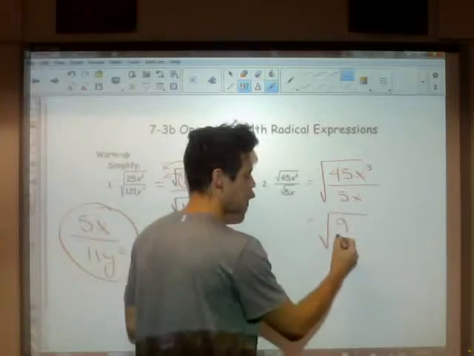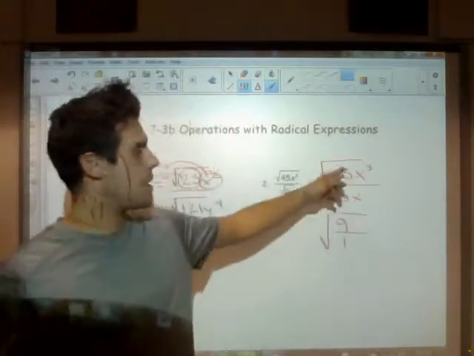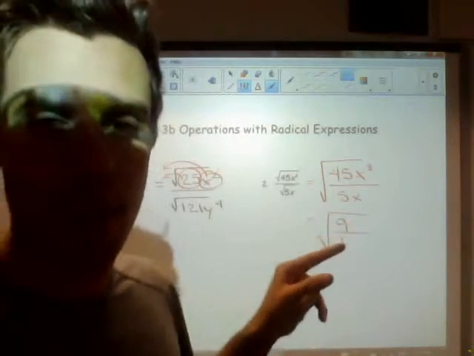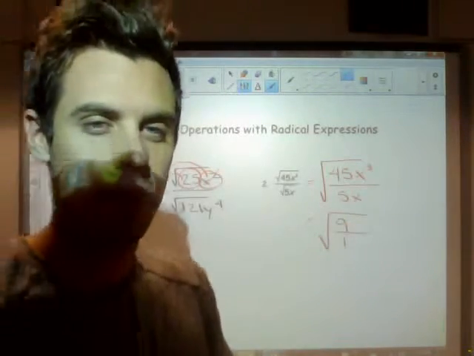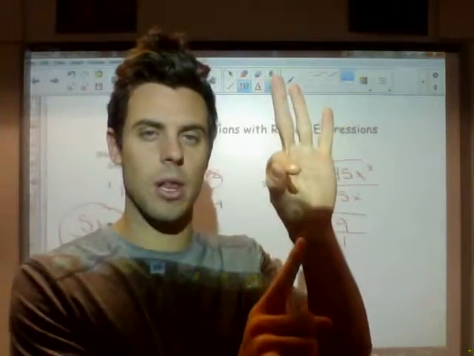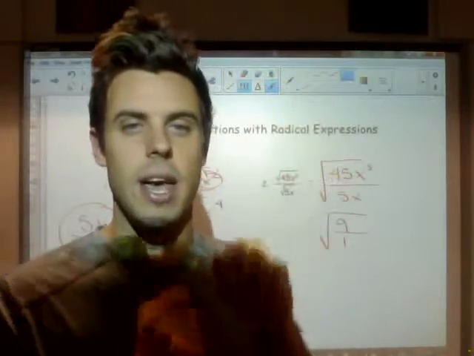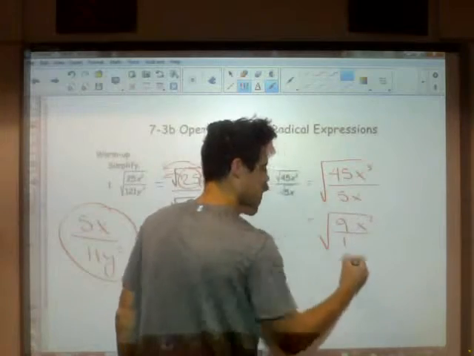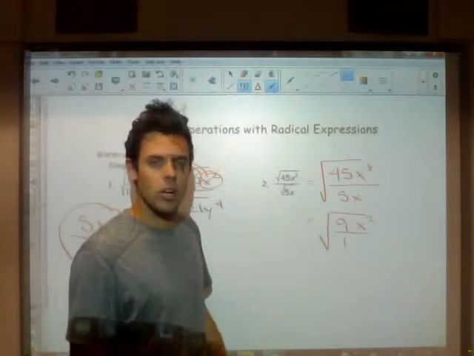The square root of 9 over 1. And then up top here you have 3 x's, x times x times x. And then in bottom you have 1x. So 3 up top, 1 down below. Take 1 away from each. That leaves 2 x's up top. Make that look a little bit nicer.